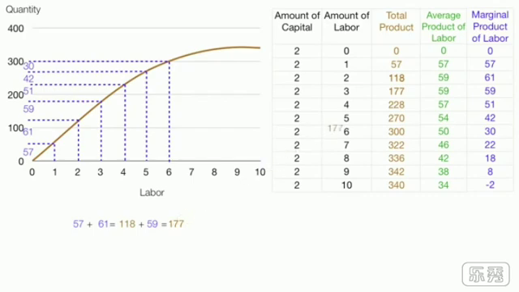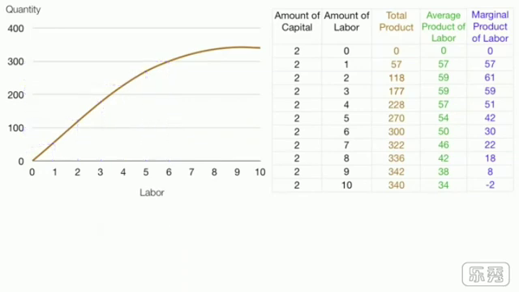So this allows me to calculate total product this way as well. So what you see is I can actually add my marginal product of labor to derive total product if I need to. 57 plus 61 is 118, plus 59 is 177, and so on and so forth I would go.